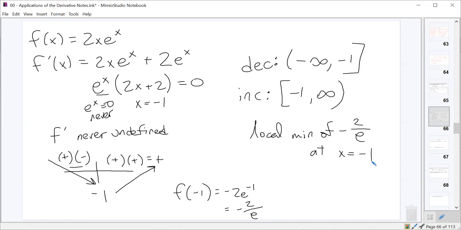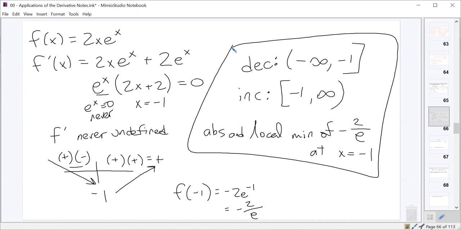And it sure looks like that's going to be an absolute minimum as well, right? Because our function decreases until we get down to x equals -1, and then it increases after. So it's absolute and local. And it has no absolute or local max. I'll write that. You should always indicate it doesn't have one.